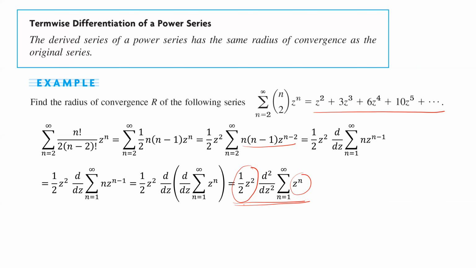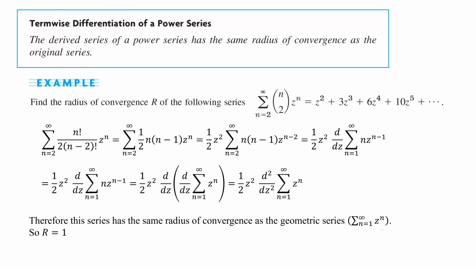And multiplying by z squared again doesn't change its radius of convergence. So this original series has the same radius of convergence as the geometric series, which has a radius of convergence of 1. Okay.